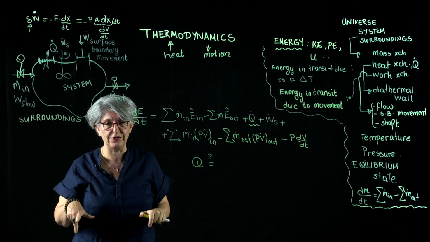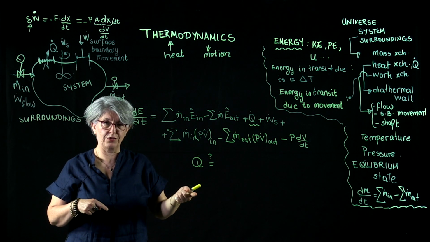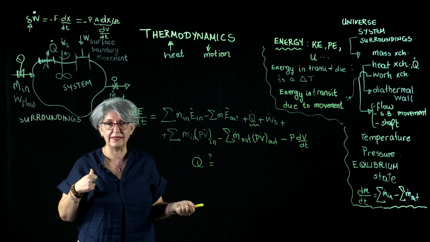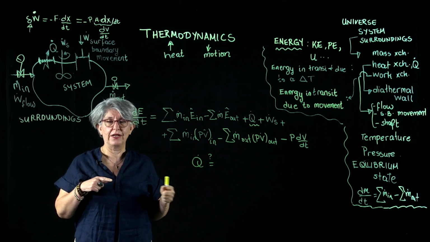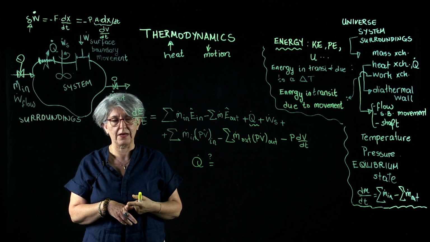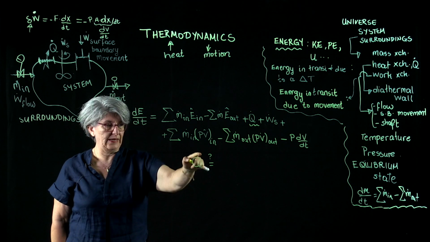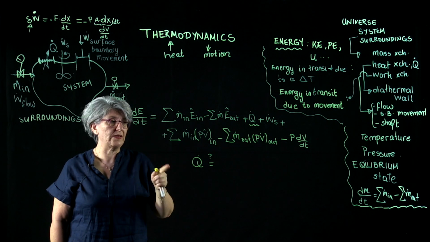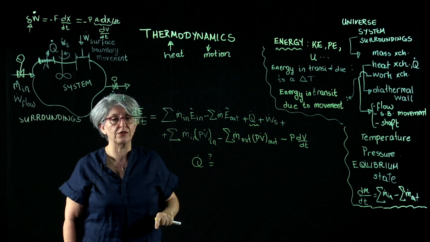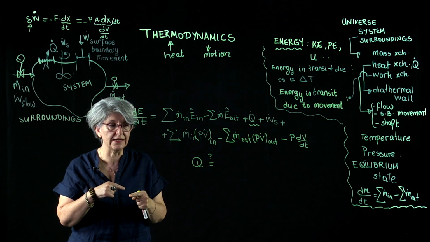And our stick person, who was here, was transferring heat to his or her surroundings, because the surroundings were at a lower temperature than the metabolic temperature of the stick person. So this heat exchange was taking place across a diathermal wall. In other words, the wall is allowing us to exchange heat.